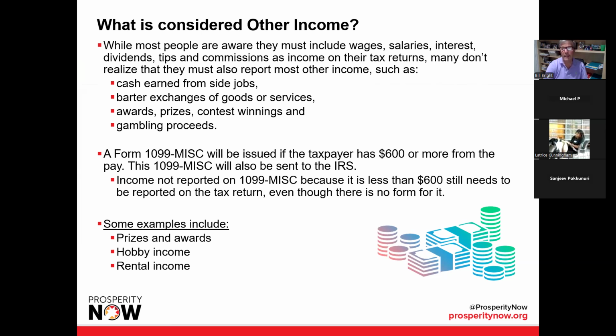Let's say you sell it for 800. In that case, you may get a 1099 miscellaneous from Facebook or Meta to indicate that you received $600. You'll have to offset that with the cost of the good that you sold. In this case, it's the couch, which maybe you paid thousands for, but now it's only worth $800.